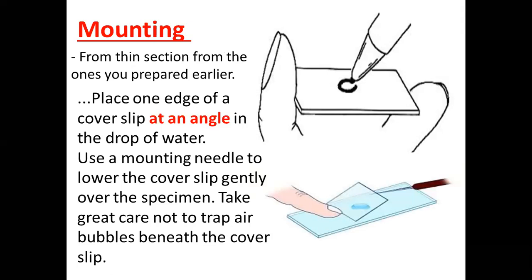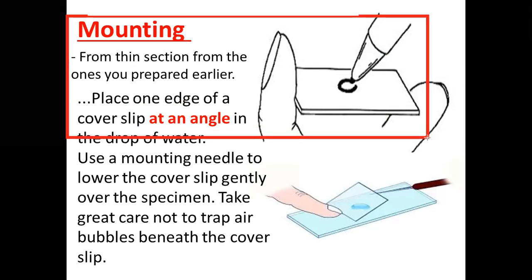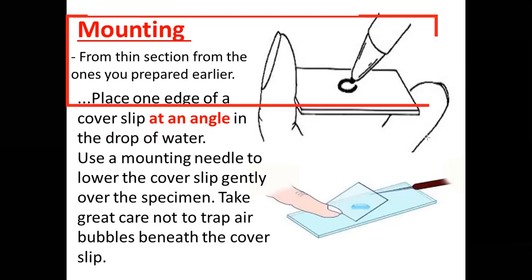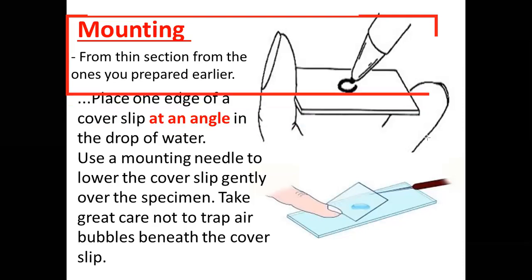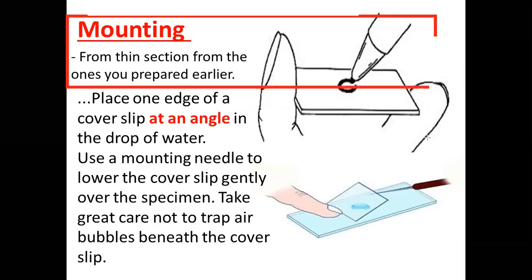Now, when we are dealing with mounting, this is another technique that I need to highlight. We place whatever we need to place on the slide, and it's always good to do it on a flat bench, because when you mount your specimen on a slanting surface, of course your specimen will spill over.